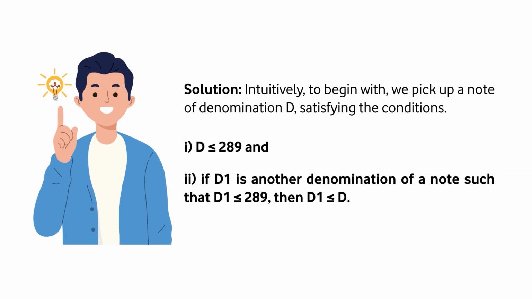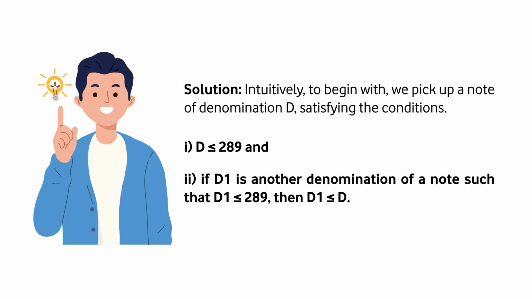And if D1 is another denomination of a note such that D1 is less than 289, then D1 can also be selected. What we mean by this is that if you select another denomination which is again less than 289, that denomination will be less than or equal to the previous selection.